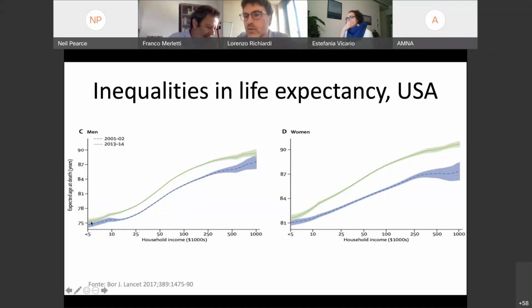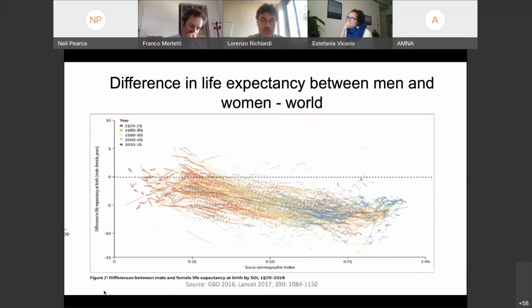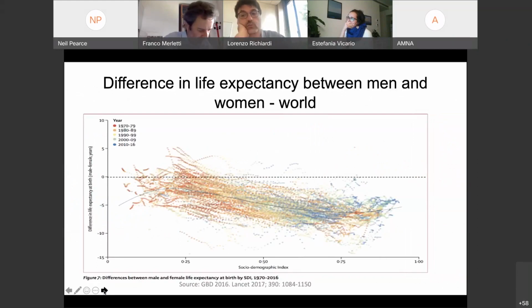So it's a 10-year difference in life expectancy between the highest income compared to the lowest income. It's a huge difference. And this is really important because this is what we do in epidemiology: we try to investigate these differences to try to reduce them. I will get back to this message, actually.